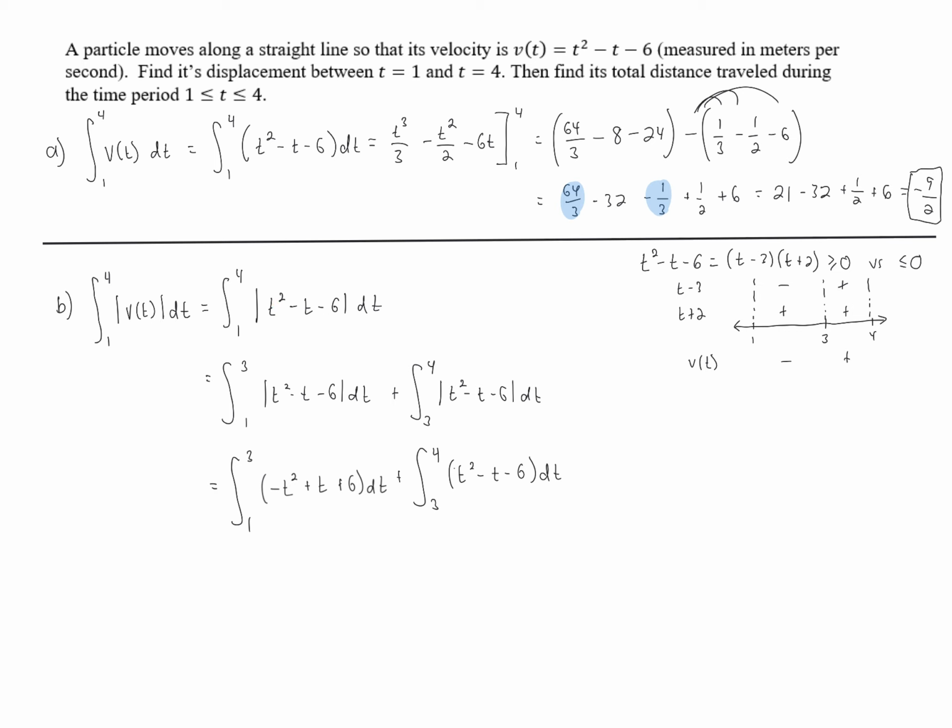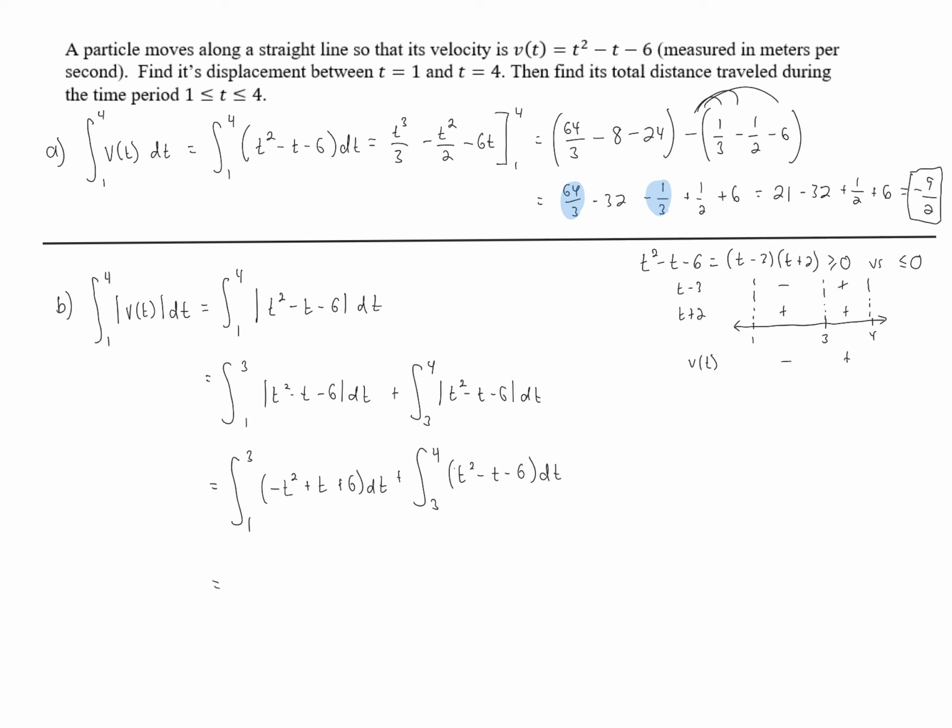And to do that, we need to look and see which parts of the interval of integration it's positive and which parts it's negative on. When it's positive, we can just integrate the function without absolute values. But when it's negative, we need to take the opposite of that function, because the opposite of a negative function is positive. And then we just need to do all of these calculations and we are good to go.